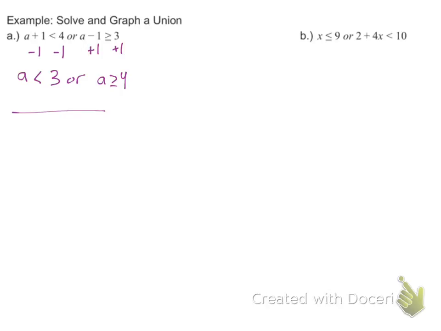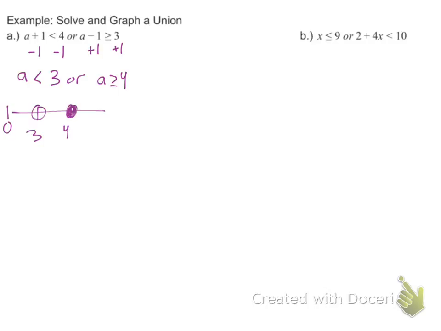So when I go to graph this, it goes 3 and 4. Yes? 3 is open or closed? Open. 4 is closed. And I can, guys, again, test 0.